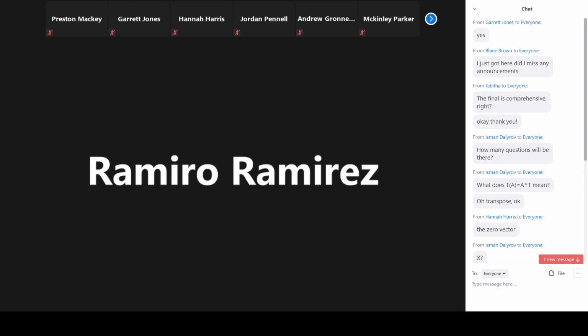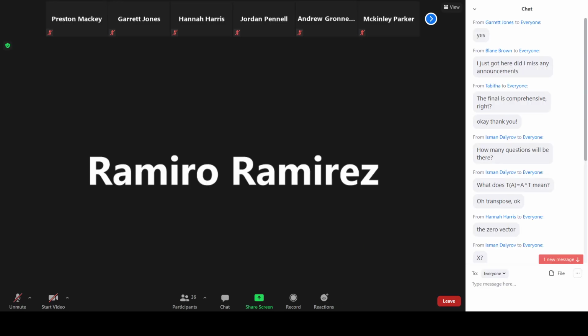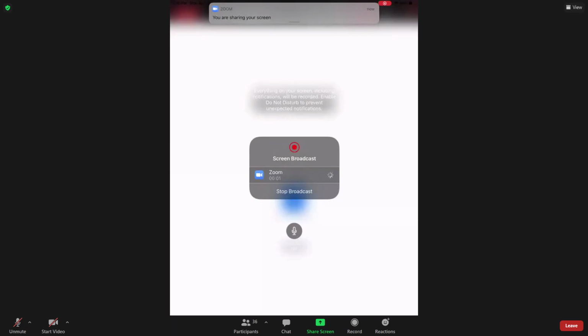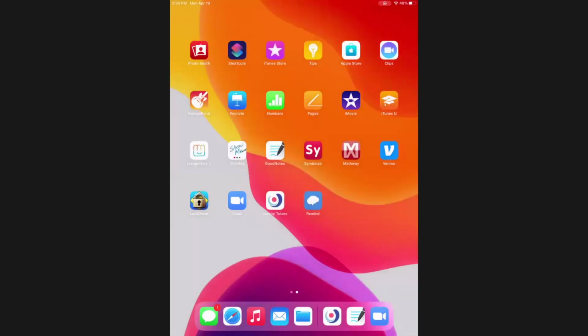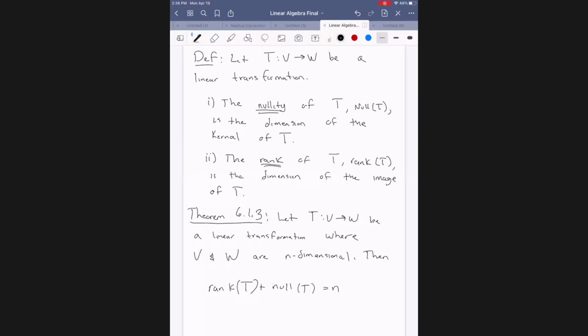But the difference from there to here is that if we have one-to-one, since we have structure on our space, that immediately implies so many things about our linear transformation.